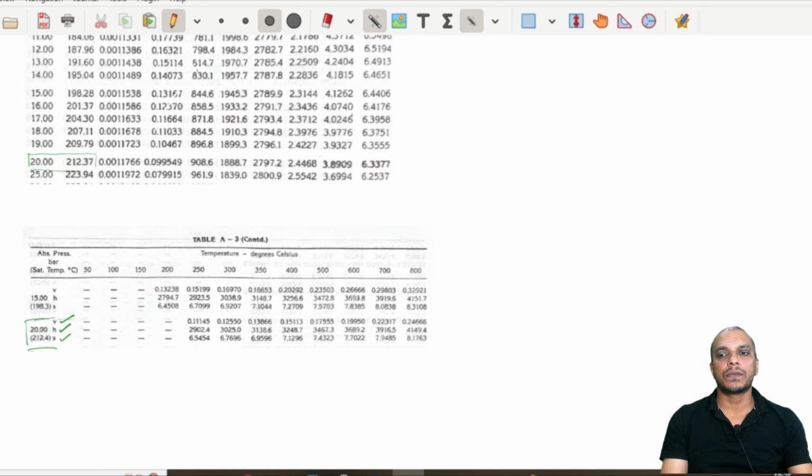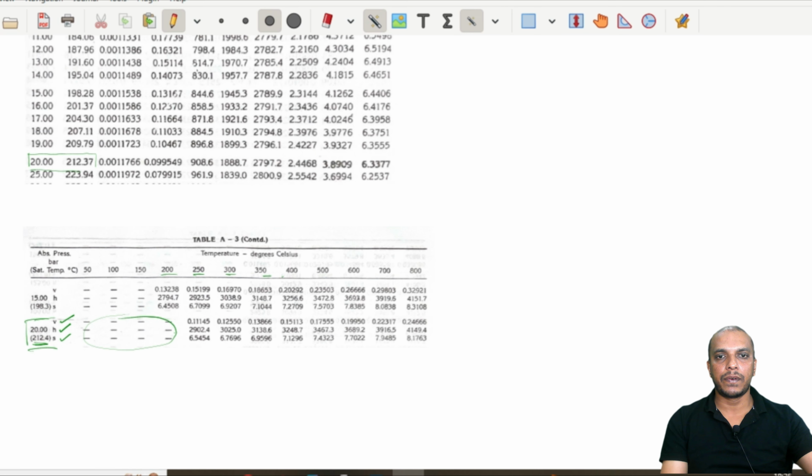Different books may be organized in different ways, but the total idea is pretty simple. Here also he has mentioned for 20 bar, the saturation temperature is 212.4. There are no enthalpy values below that temperature. Below 212, there is nothing here. Only when it is greater than 212.4, you will have these values.